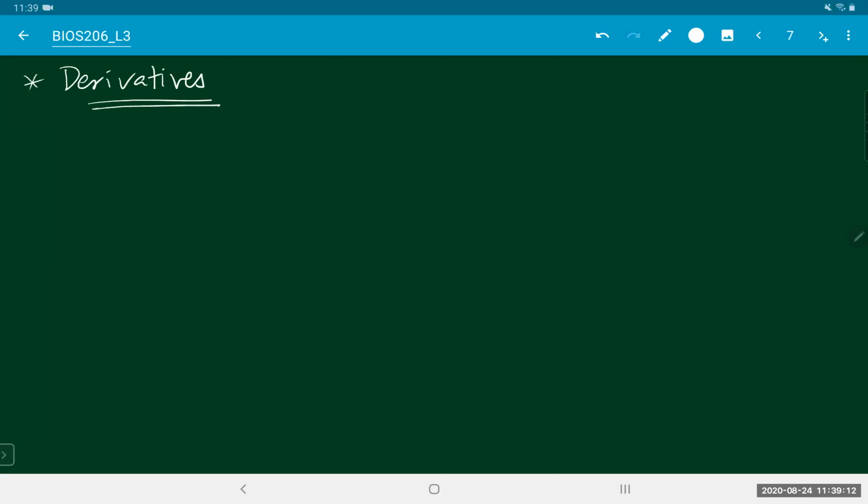So I'm going to start with an example of motion. When something is moving, and I'm just saying moving along in one dimension.